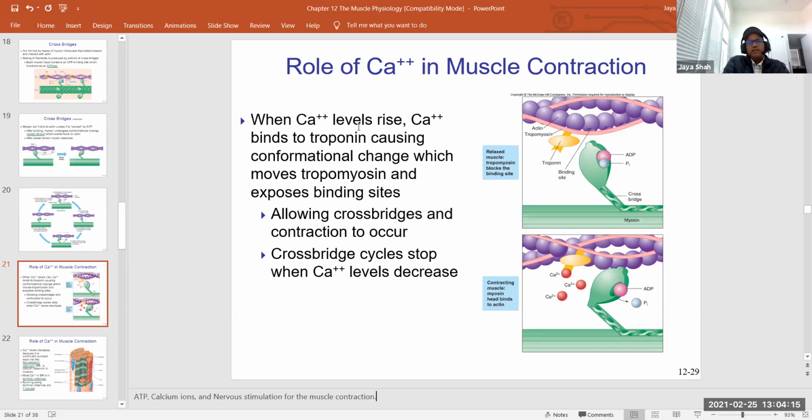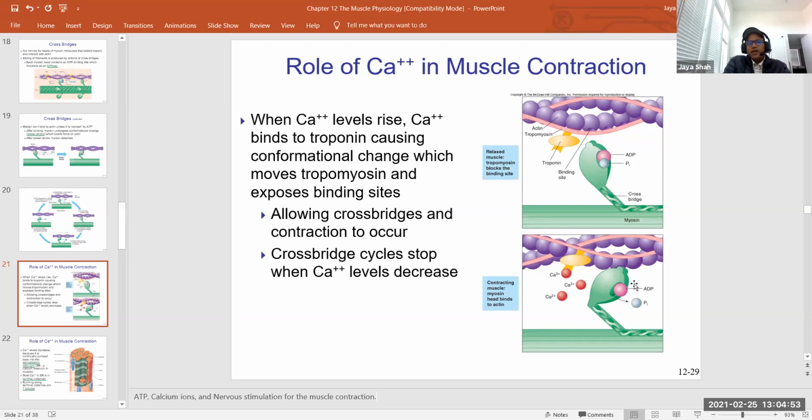So when calcium level rises in the sarcoplasm or cytoplasm of the muscle cell, which comes from the sarcoplasmic reticulum, calcium binds to troponin, causing conformational change in the position of tropomyosin, which moves tropomyosin and exposes binding sites. That allows cross-bridge and contraction to occur. And the cross-bridge cycle stops when calcium level decreases.